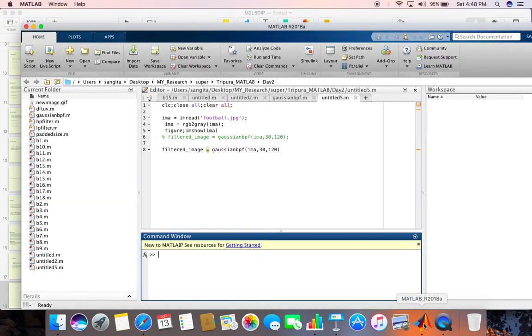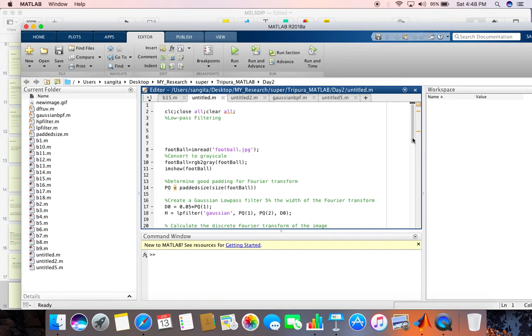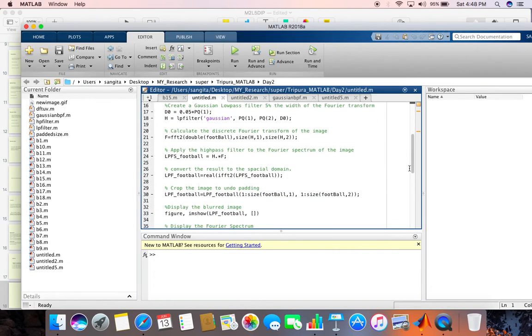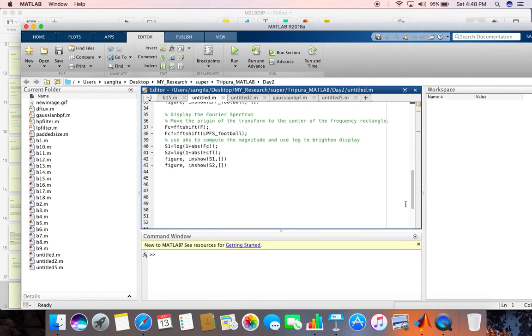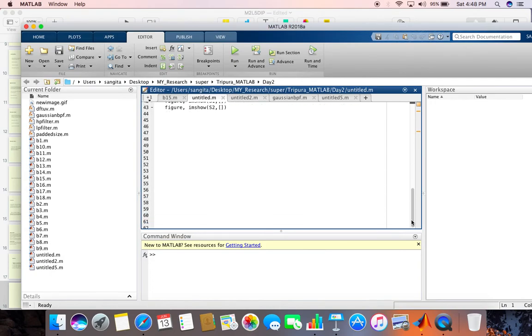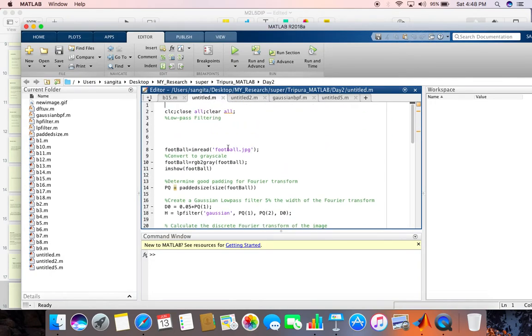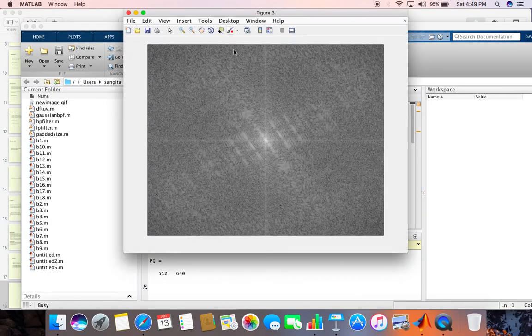The first one will be for low pass frequency domain filtering. There is an image, football.jpg.